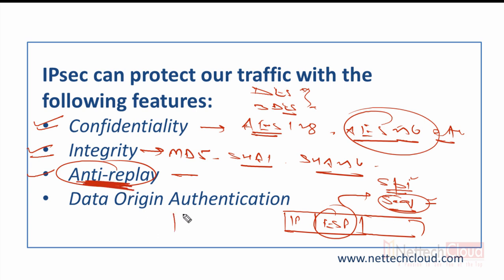So whenever a VPN gateway receives an encrypted packet with a sequence number that has already been used, the VPN gateway immediately discards that packet. All right, so the sequence number plays an important role here. And then the fourth one is data origin authentication.